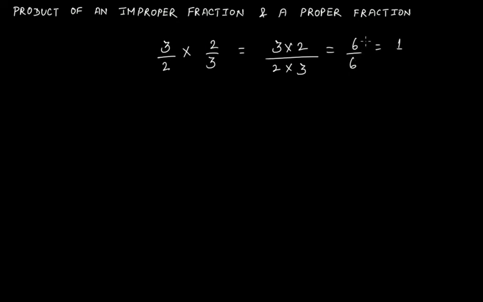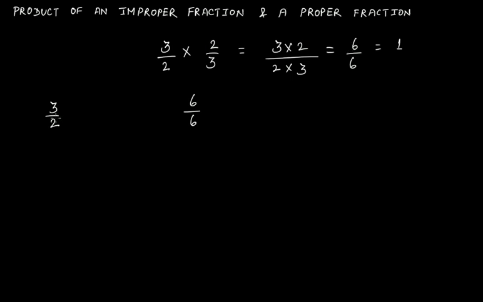Now this 6 by 6, if you compare this improper fraction, this is 3 by 2, this is 6 by 6, right? Now what number should we multiply the 2 with so that we get the denominator as 6? We are comparing this improper fraction with the final outcome.